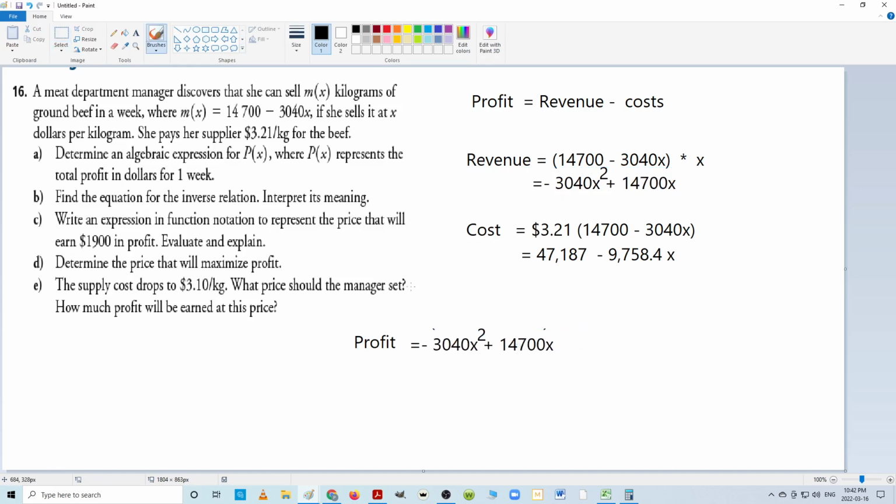Minus, and this is an important distinction, it's minus cost. So you must put that whole thing in brackets, which means this minus is going to turn this minus, and it's going to turn this into a plus. So it's going to be minus this, and it's going to be plus this.